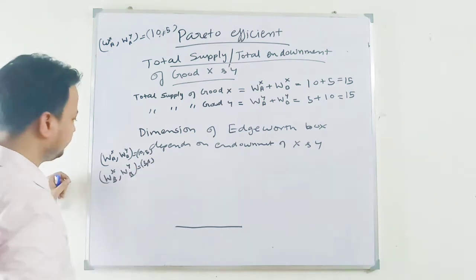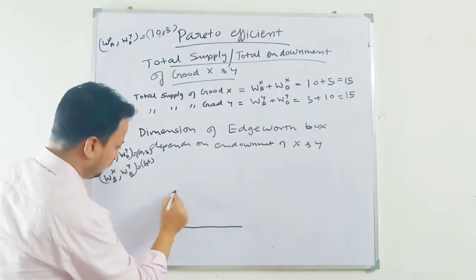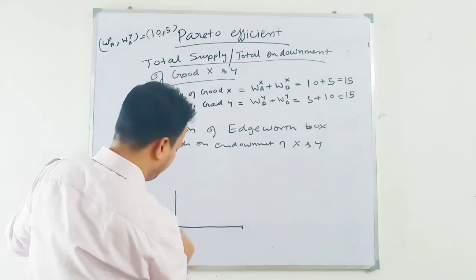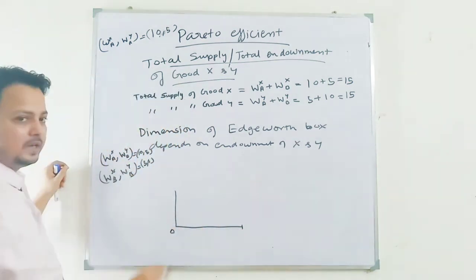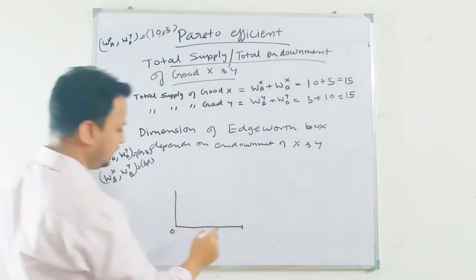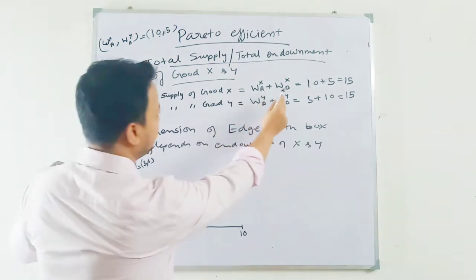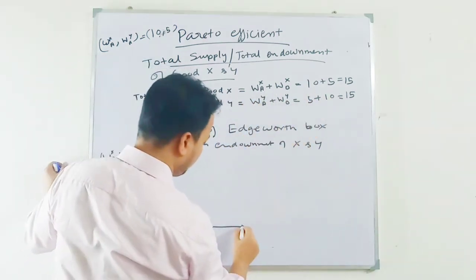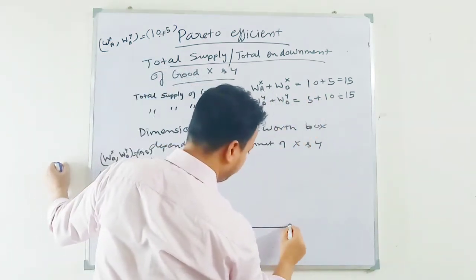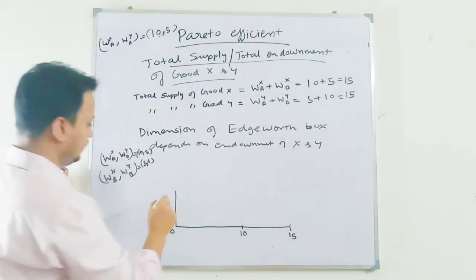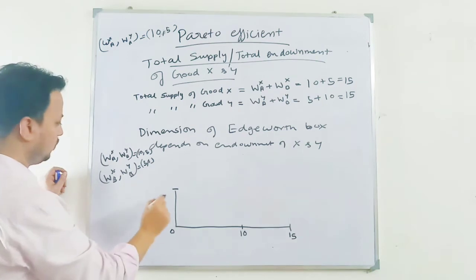When you draw the graph for the first consumer, you draw like this, right? So this is 10 units and the total supply of good x is 15. So I will extend this one to 15. Okay, it will be clear. Here it is 5 of good y.